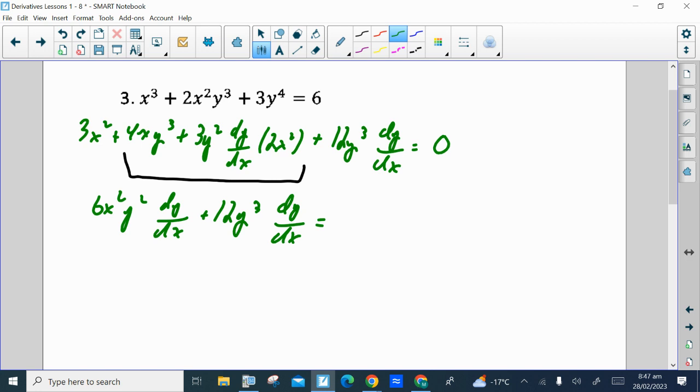equals the 3x squared will move over by subtracting it from both sides. The 4xy cubed will also move over by subtracting it from both sides. Common factor of dy by dx on the left.